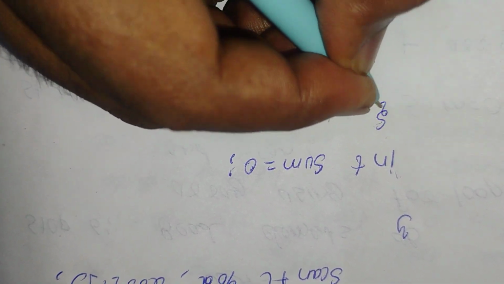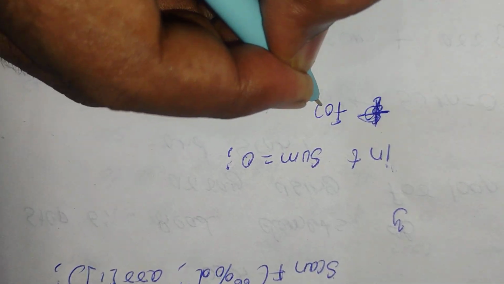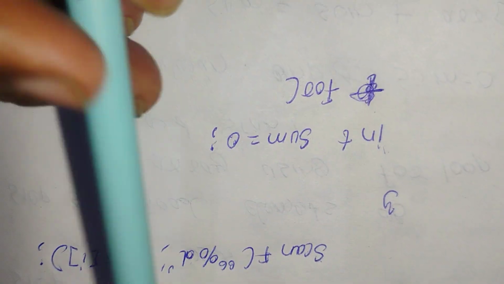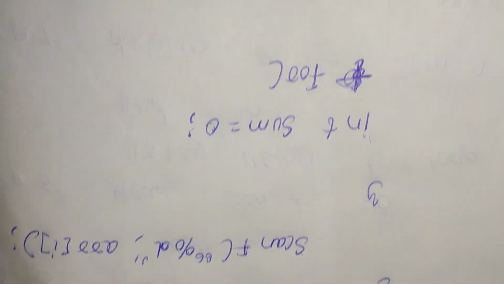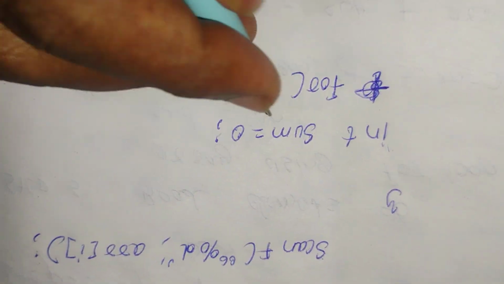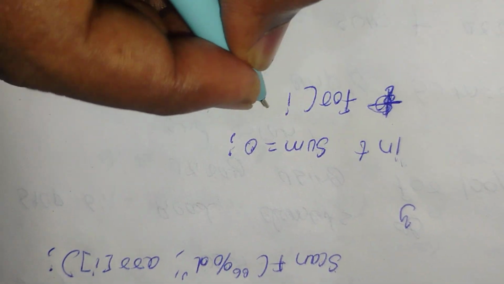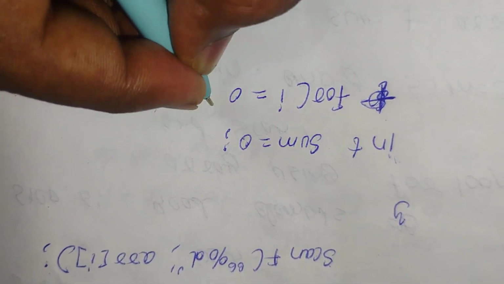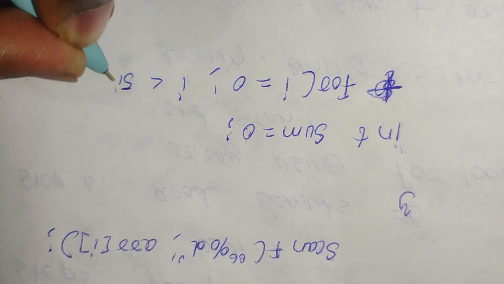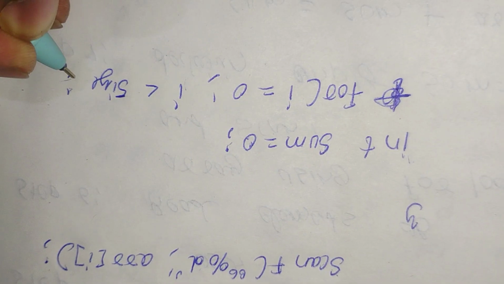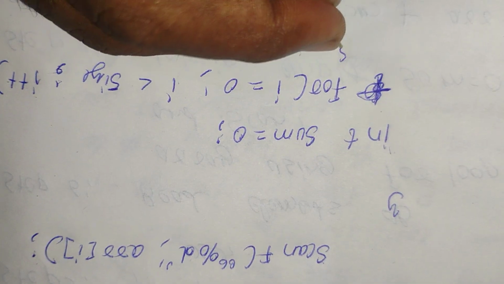Then I am going to use a for loop again, because we need to take each value stored in the array and add it. For that purpose, i is equal to 0, same condition i is less than size, semicolon, i plus plus, close bracket.